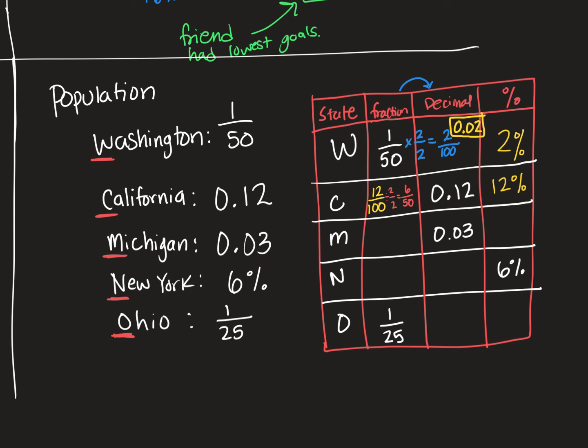I can reduce 6/50ths as well. I can divide by 2 again, and that gets me 3 out of 25. So instead of dividing by 2 and dividing by 2, I can divide by 4. 12 divided by 4 is 3. 100 divided by 4 is 25.